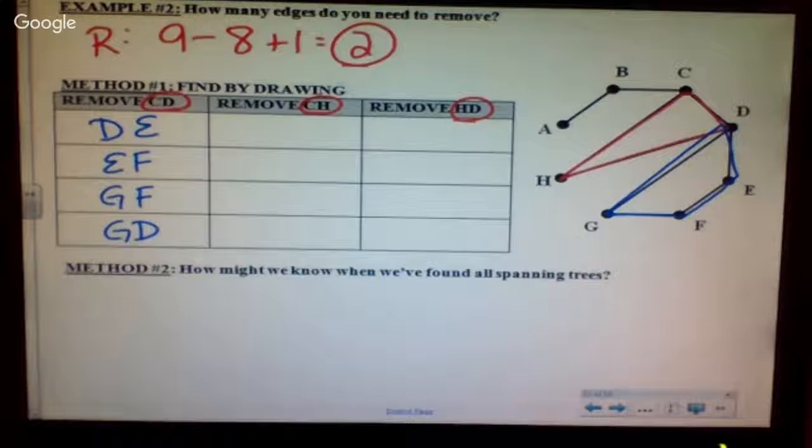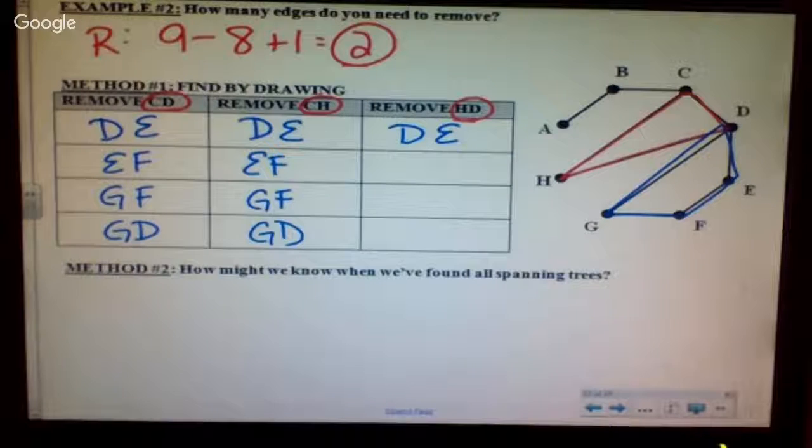It's going to be the same for each column. I can remove CH. And if I remove CH, I can pair that with DE or EF or GF or GD. Does that make sense? Why you have so many options? I can also remove HD from the first one, and again, I can pair that with a removal of DE or EF or GF or GD.